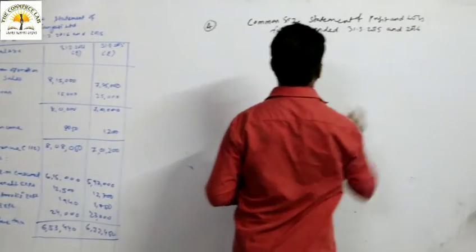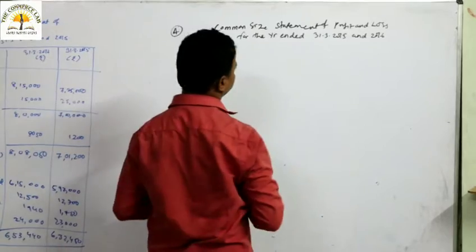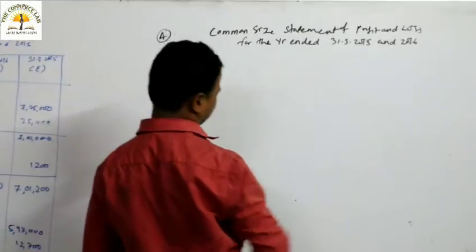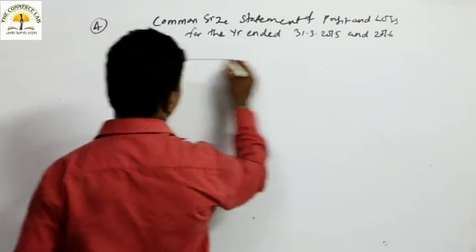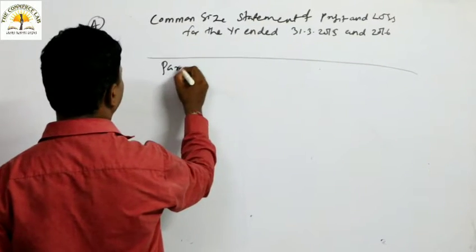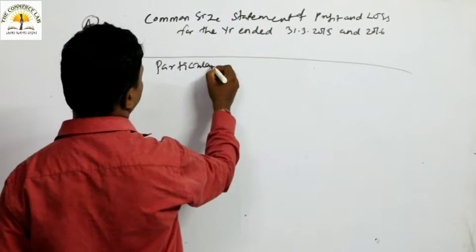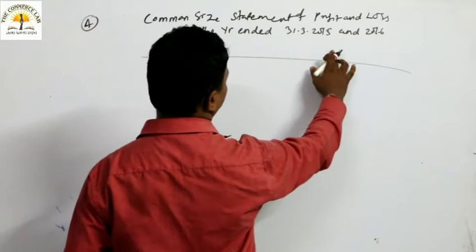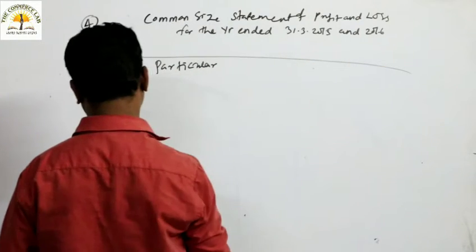Okay, here 2 years ended, one is 31st March 2015 and the other is 31st March 2016. Then what you have to write in the columns? One you have to write, that is 2014-15. Next you have to write 2015-16.